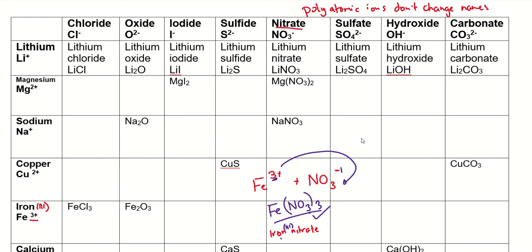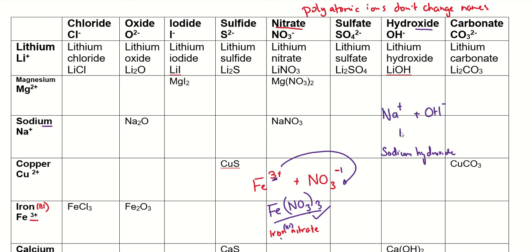Okay, let's use another example. Let's use sodium hydroxide. So our sodium here, our hydroxide group here. So we have sodium hydroxide, sodium is +1, hydroxide is 1 minus.